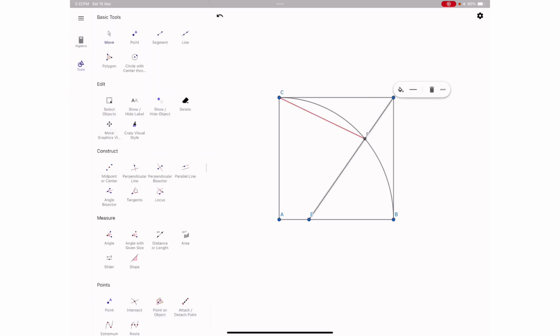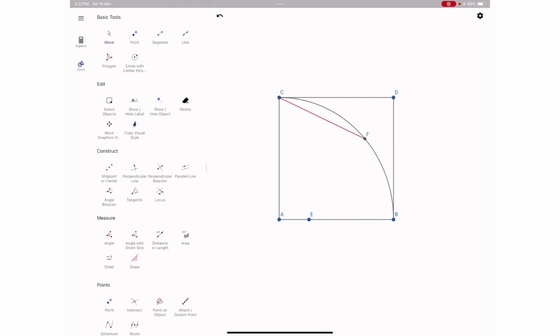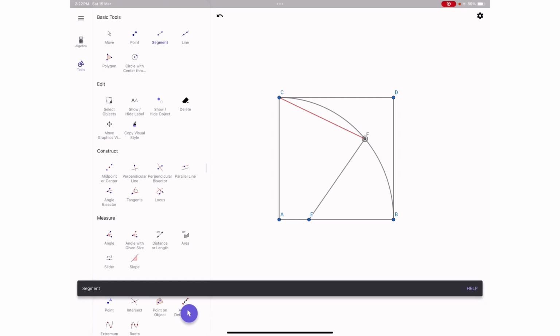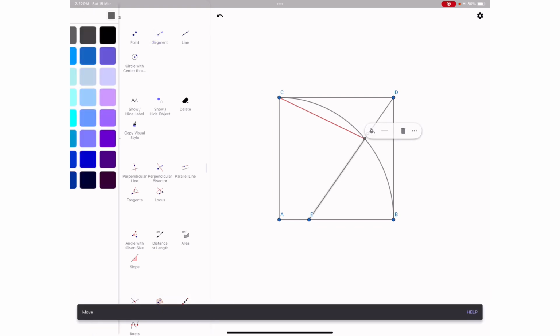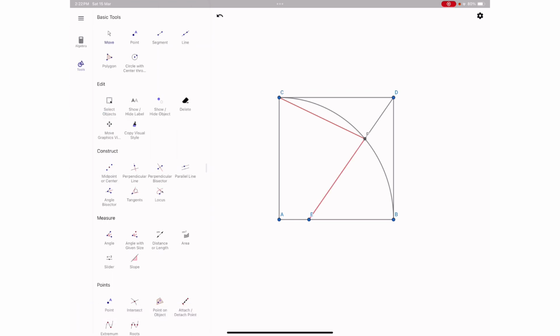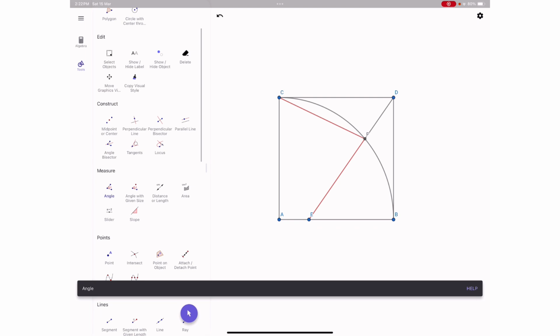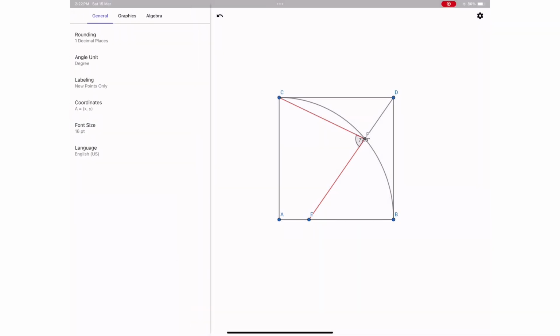It has to be two line segments actually, and then I will just let this be highlighted in red. Now the two line segments are equal. Now all I need to do is to calculate or to measure the angle between E, F, and C, and maybe get a better accuracy.